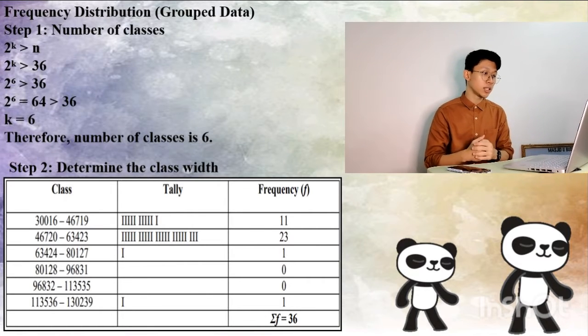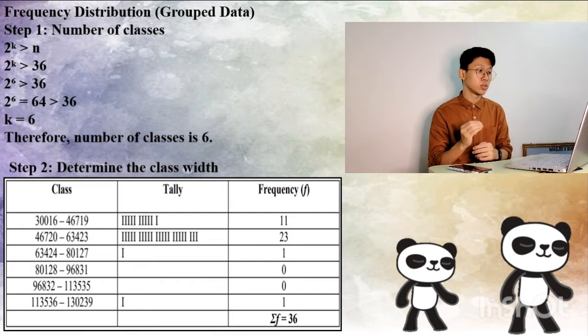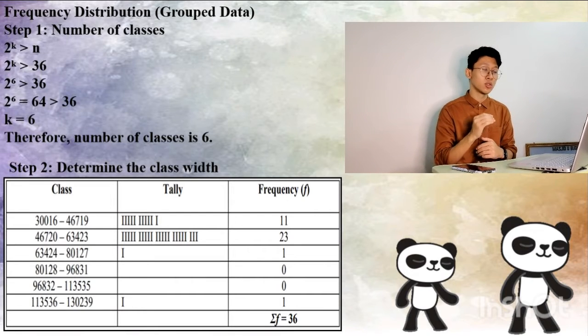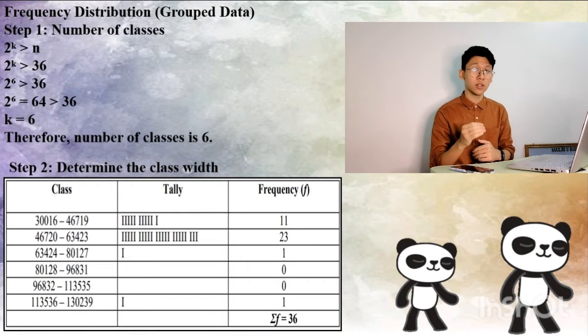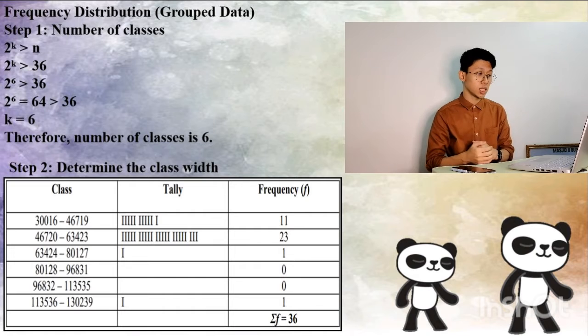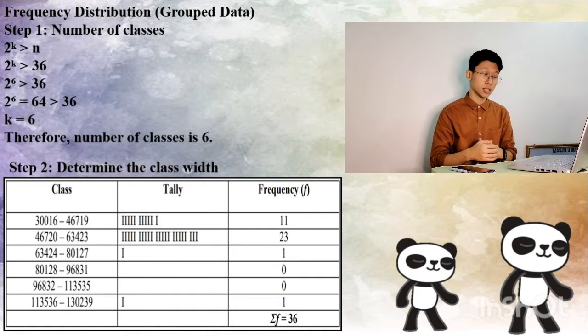In this case, n is equal to 36. So I use 2 to the power of 6 to get 64, which is more than 36, and k equals 6. Therefore, the number of classes is 6.